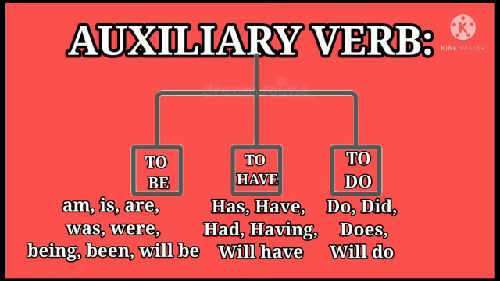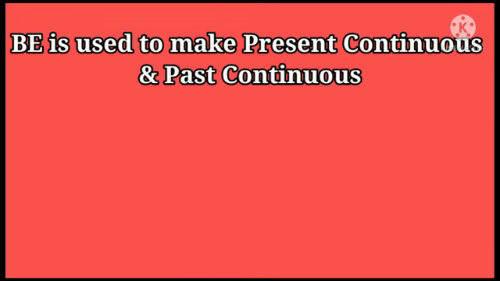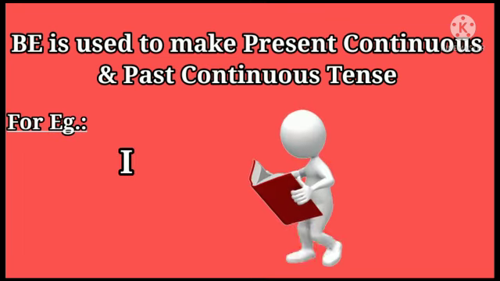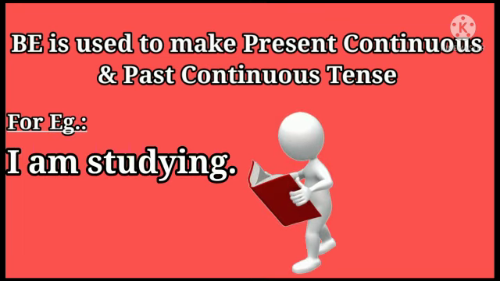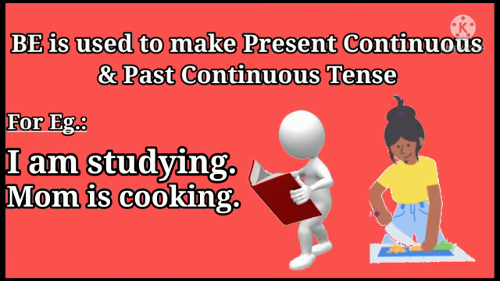Now, let us try to understand the functions of auxiliary verb with respect to sentences. Be is used to make present continuous and past continuous tense. For example, I am studying. Mom is cooking.